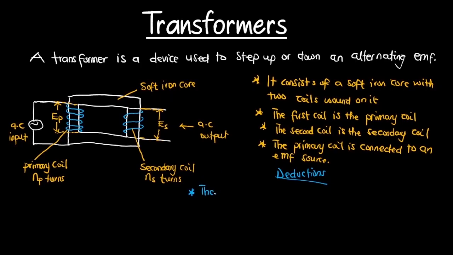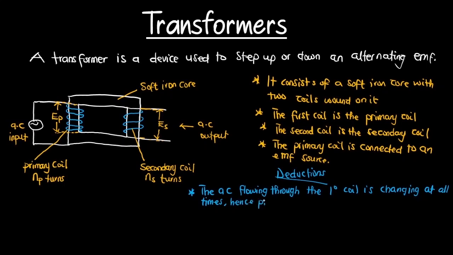So we are saying that the AC flowing through the primary coil is changing at all times, hence it produces a change in flux in the secondary coil.